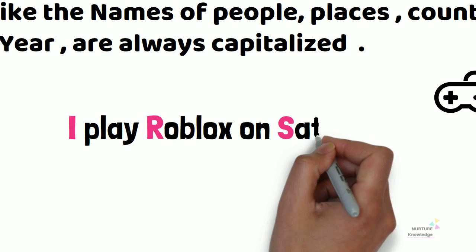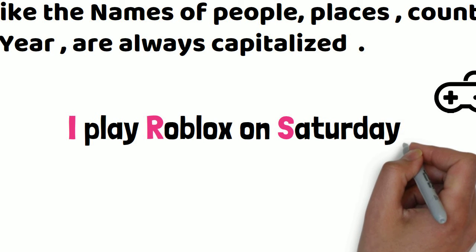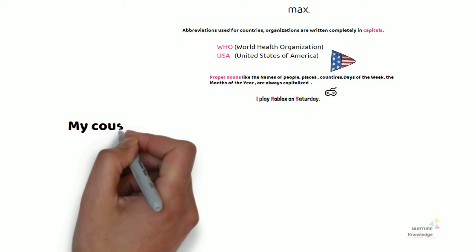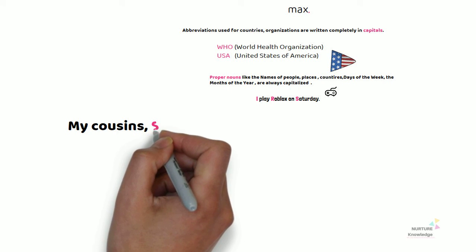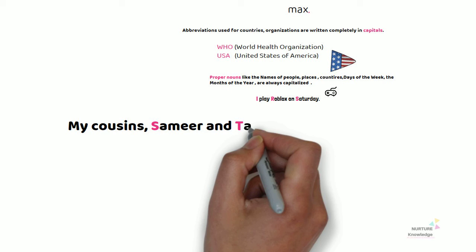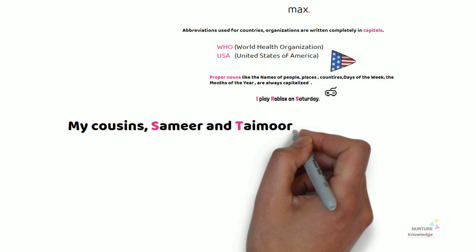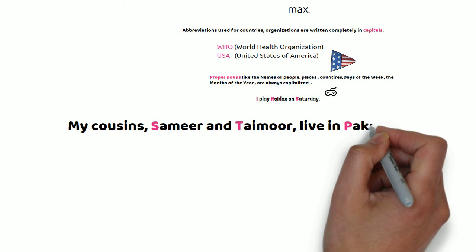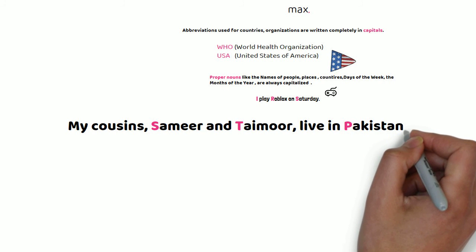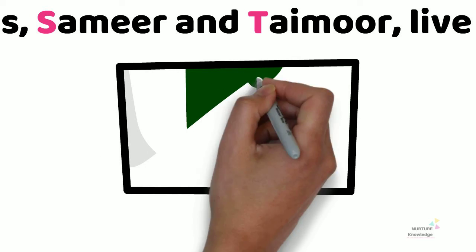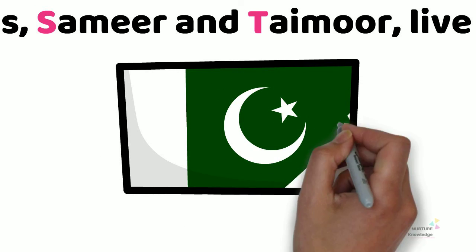Saturday is written with capital S as it's the day of the week. My cousins Sameer and Taimur live in Pakistan. S and T of the names of the people and P of Pakistan are capitalized because it's the name of a country. Hope you understand the use of capital letters and full stops.